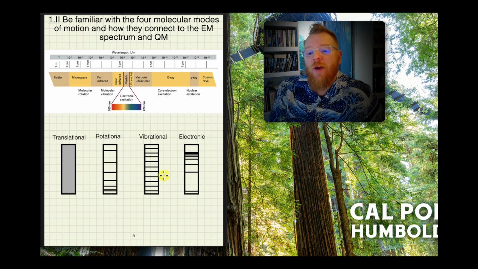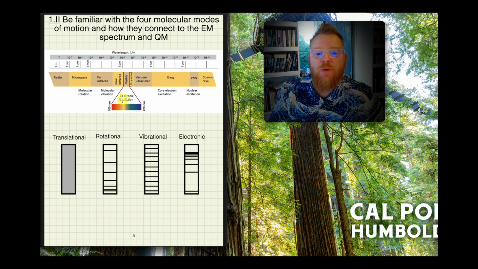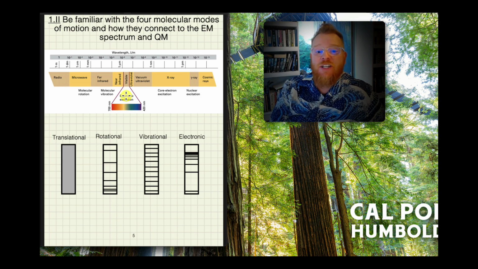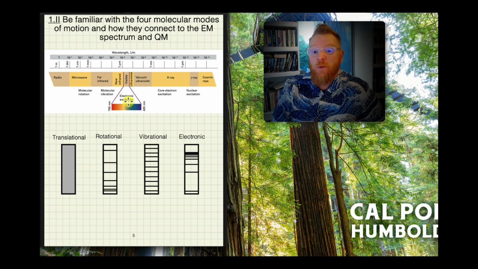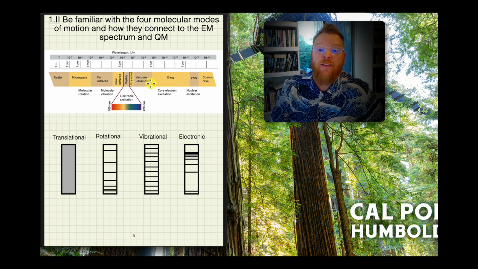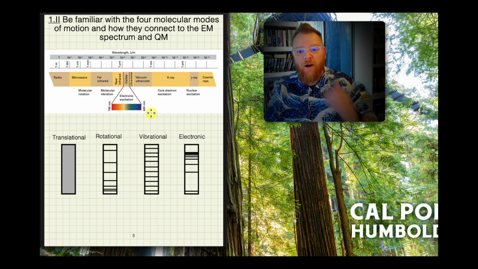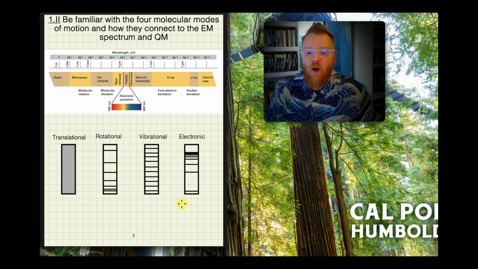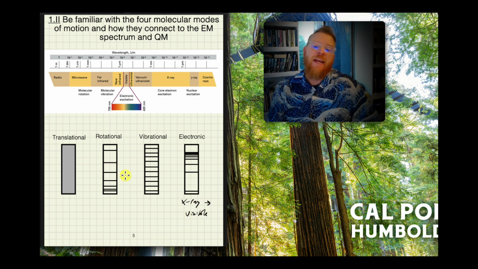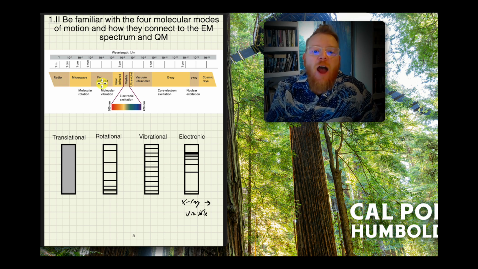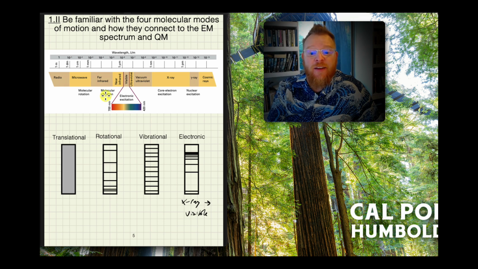Well, as you can see right here in our electronic levels, electronic excitation is typically in the visible and also extends down into the ultraviolet and vacuum ultraviolet and even into the X-ray with respect to core electron excitation. So we'll say from X-ray all the way through to visible radiation. Now, as you can see here, our molecular vibrations are occurring in the infrared.